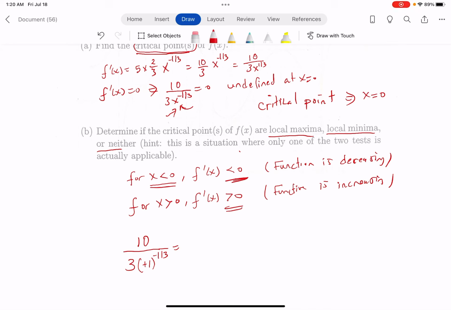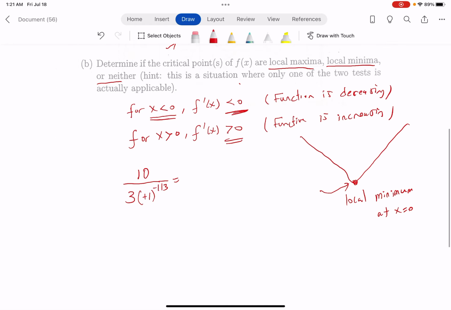When something decreases at x less than 0 and then increases at x greater than 0, that means you have a local minimum, at x equal to 0.